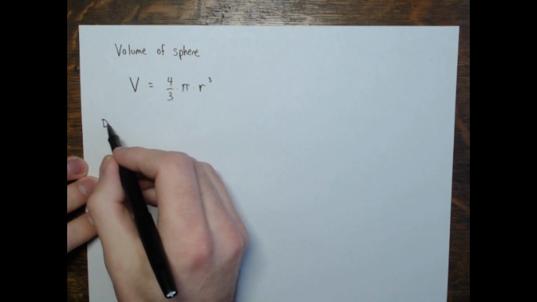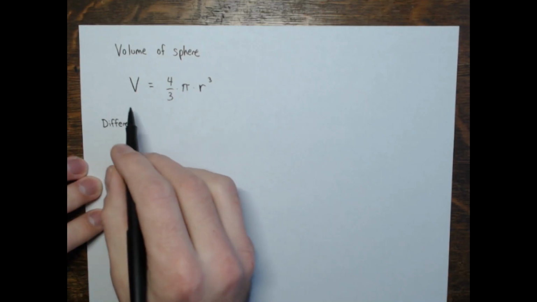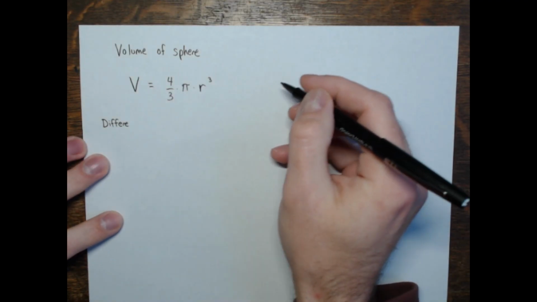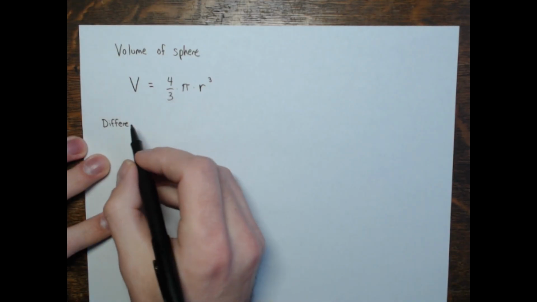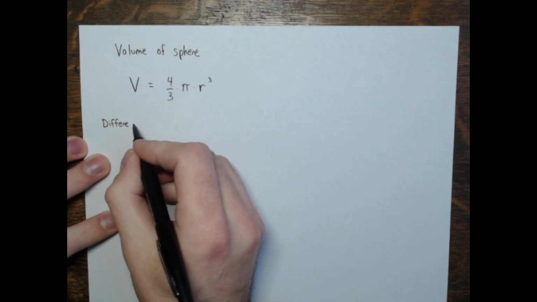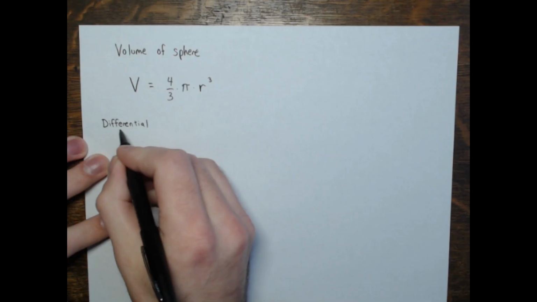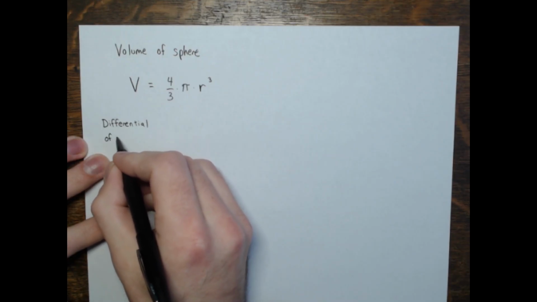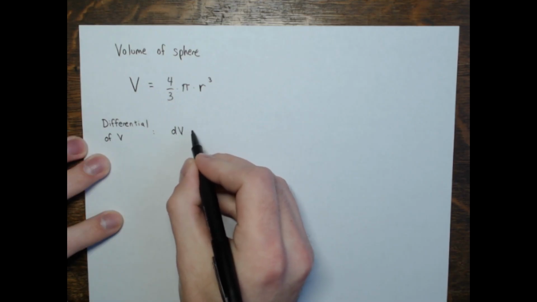And the differential, because again, we're going to use differentials, the d things, dV and dr, as opposed to delta V and delta r. So the differential of V would be dV.